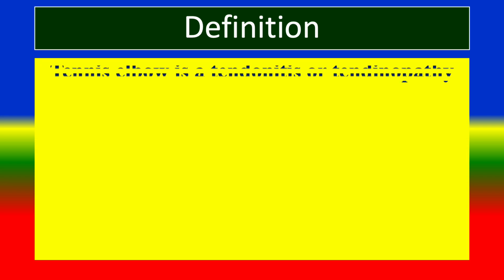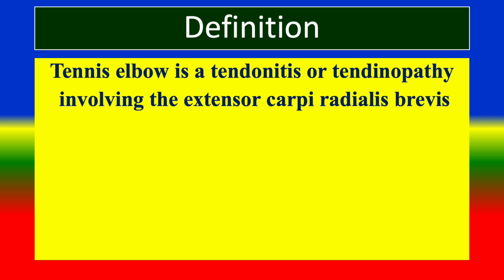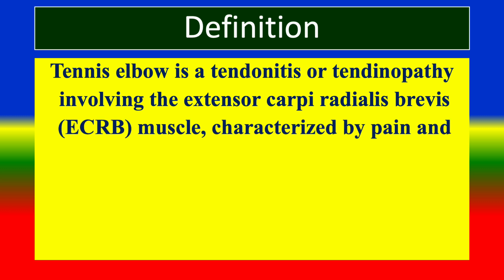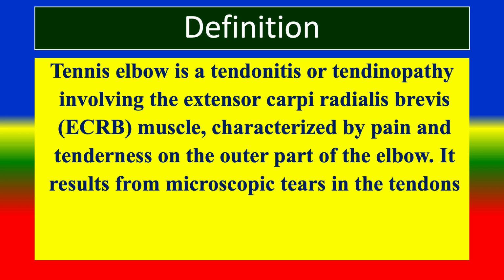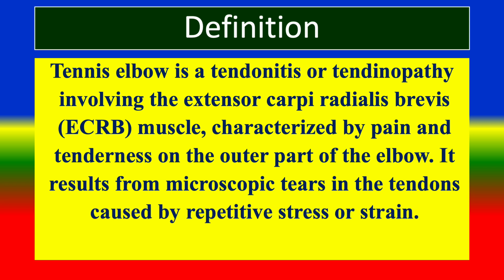A definition: tennis elbow is a tendonitis or tendinopathy involving the extensor carpi radialis brevis muscle, characterized by pain and tenderness on the outer part of the elbow. It results from microscopic tears in the tendon caused by repetitive stress or strain.